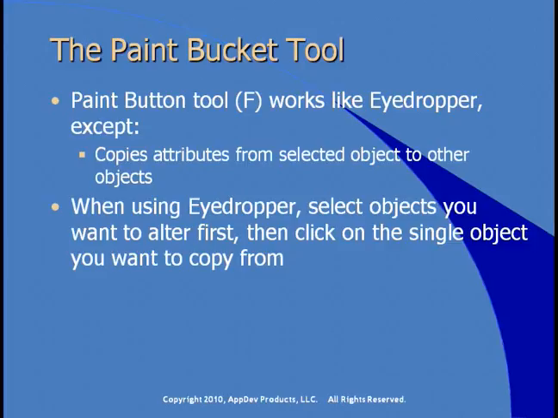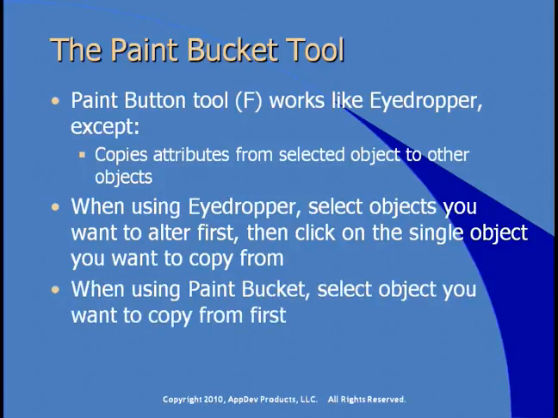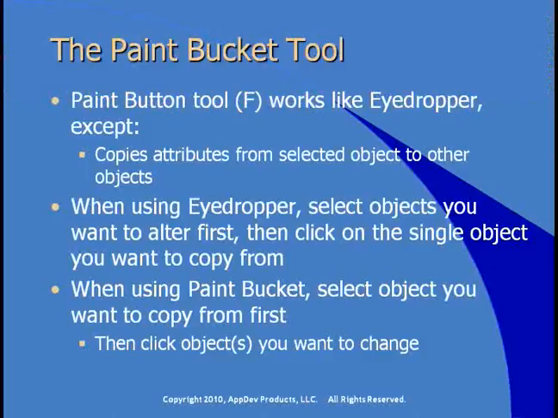So say you want to copy from object 1 to objects 2, 3, and 4. You select objects 2, 3, and 4 first, and then click on object 1. With the paint bucket, select the object you want to copy from first, and then click on each of the objects you want to copy to. So it's just about the differences in workflow.